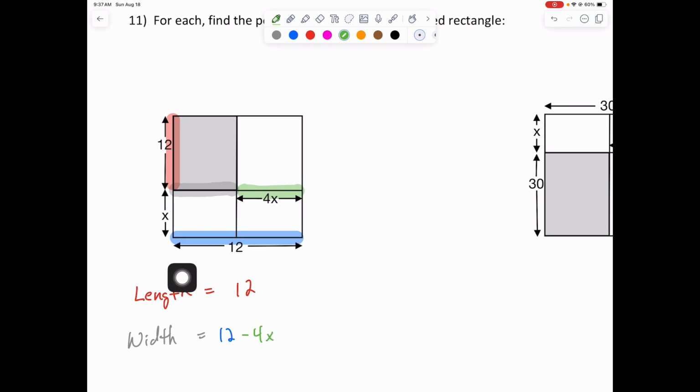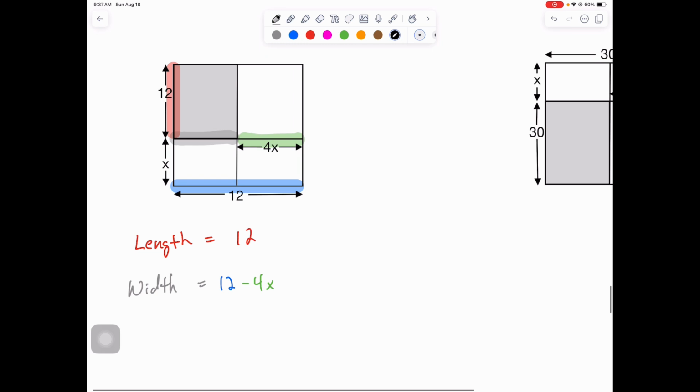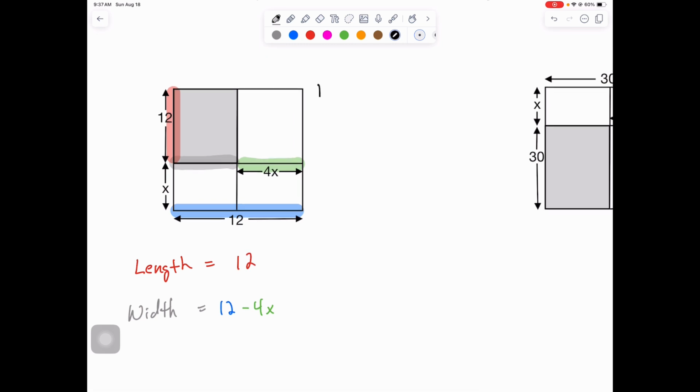All right, now to find the perimeter, well, we need two 12s and we need 2 of these. So let's just go ahead and find the perimeter. I'm just going to put P equals for the perimeter since we know what each thing is. We'll do 2 times 12, which equals, wonderful job, 24. And then for our width, our perimeter will be 2 times 12 minus 4x.